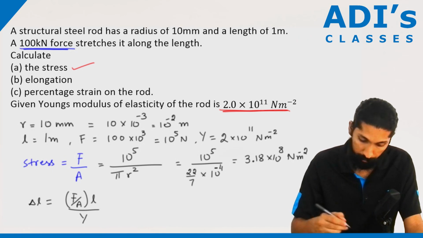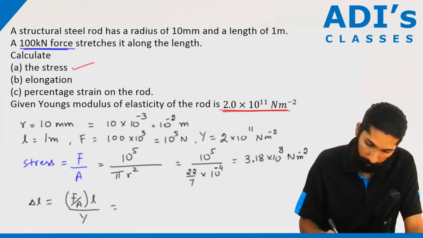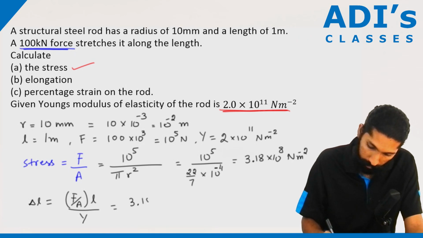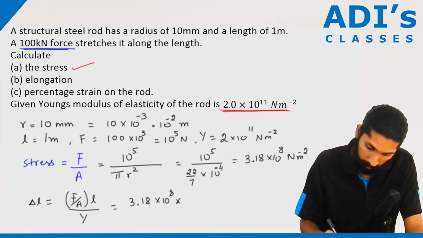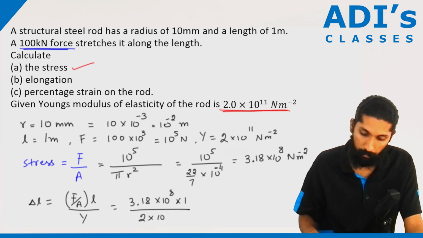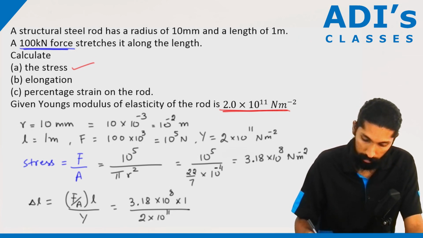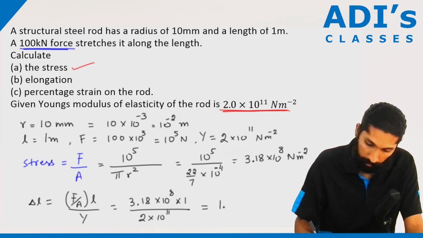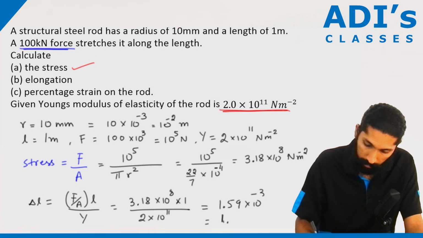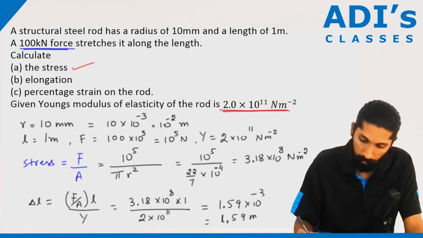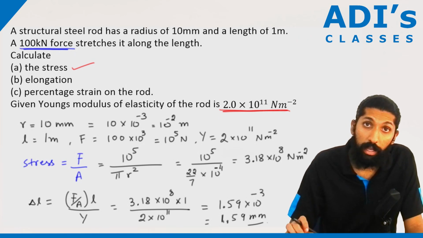Substitute: 3.18 into 10 to the power of 8, into length 1 meter, divided by Young's modulus 2 into 10 to the power of 11. If you calculate this, you will get 1.59 into 10 to the power of minus 3, or 1.59 millimeter. This is the elongation.